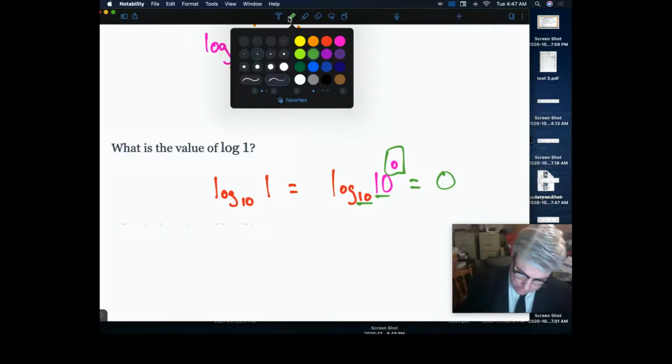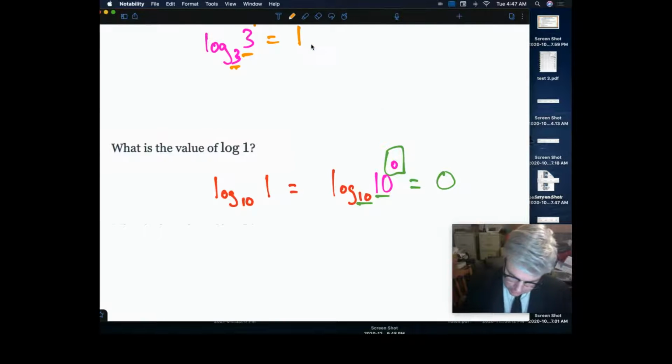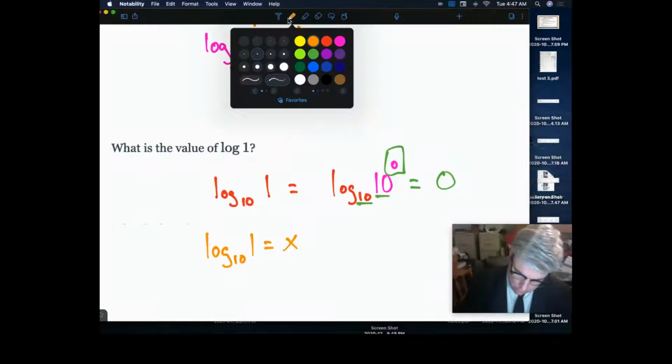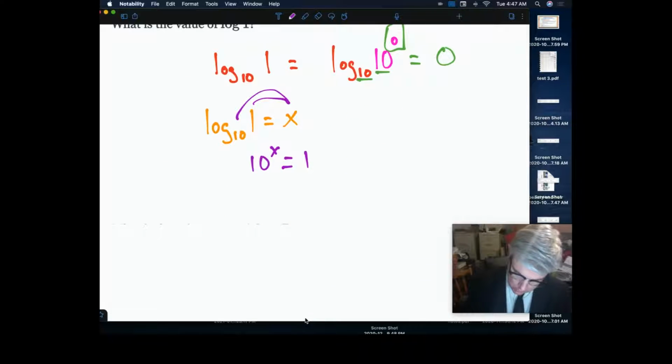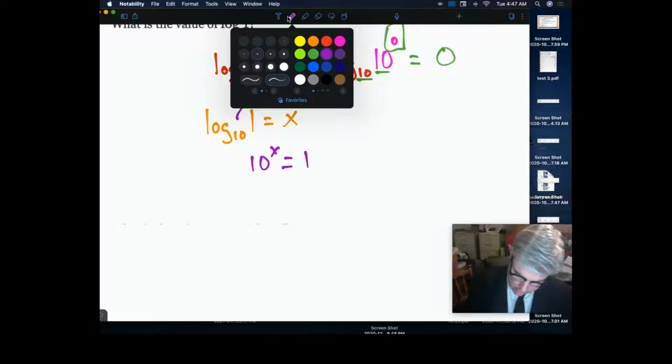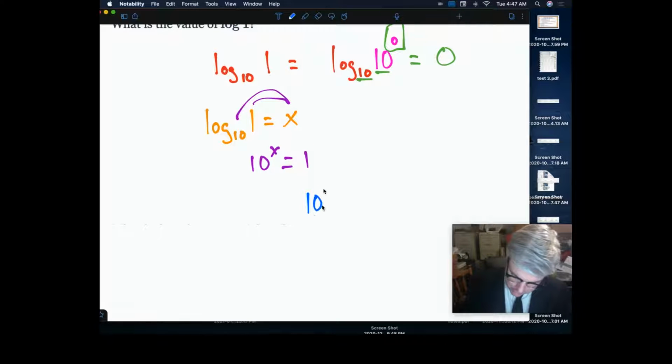You also can argue with all of these, by the way. If you don't like the way that I'm approaching it, you can always say it's equal to x. You can always claw it and say 10 to the x is 1, and then 1 is the same thing as 10 to the 0. Because the bases are equal, the exponents have to be equal, so x equals 0.